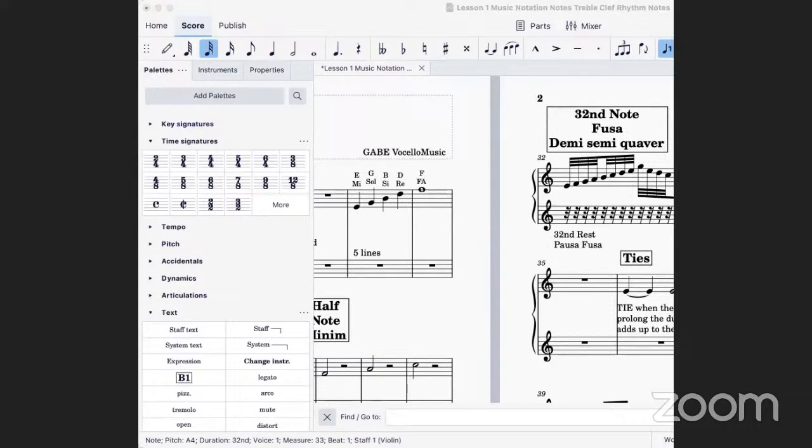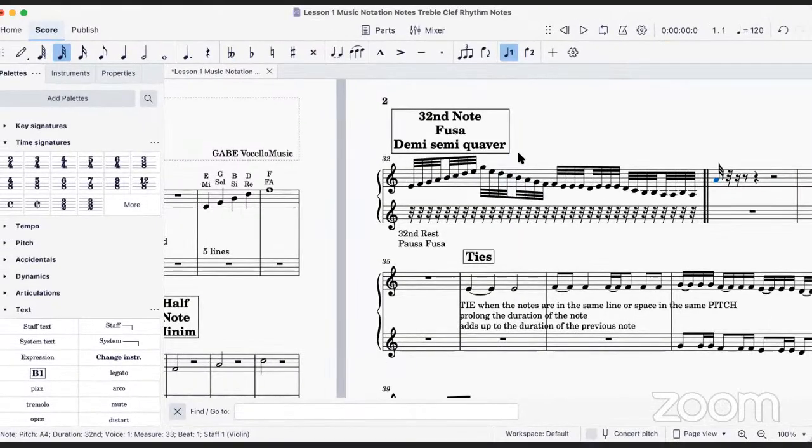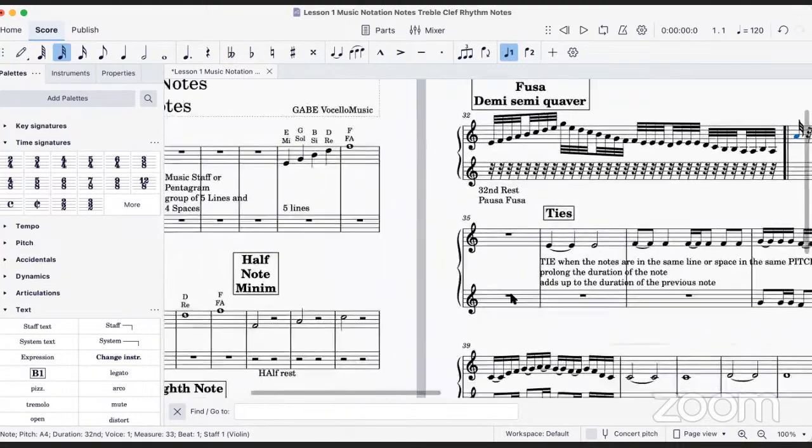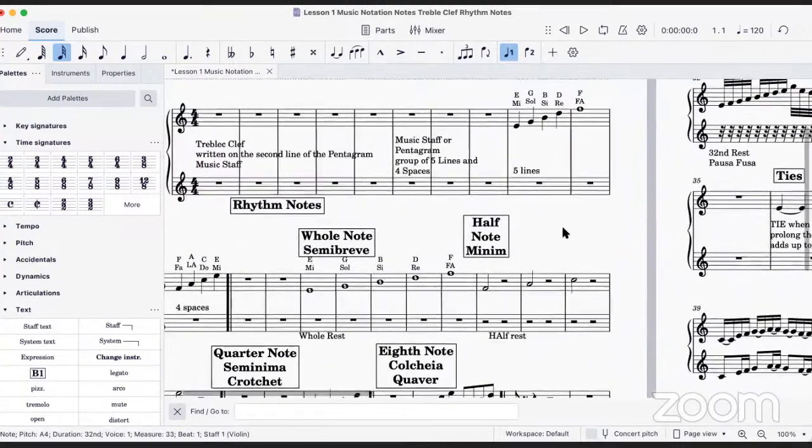I'll post this file here on your canvas. Okay, in the preface, printed page 8, on the preview is page 11. The duration of those notes.